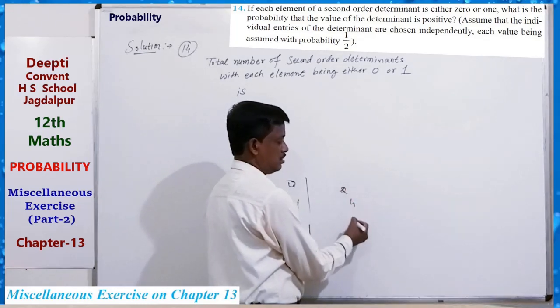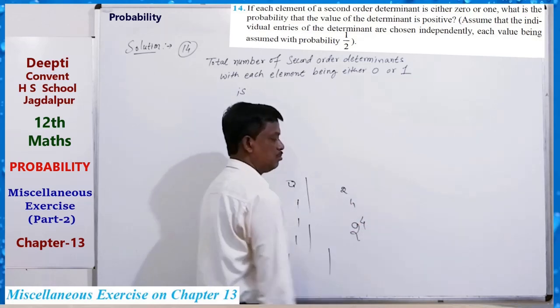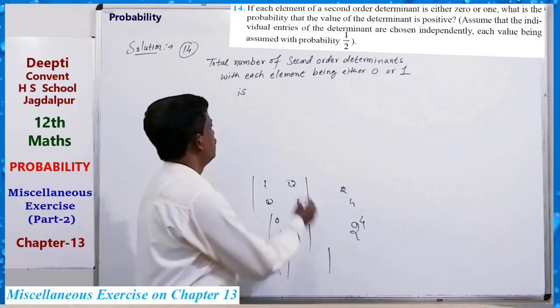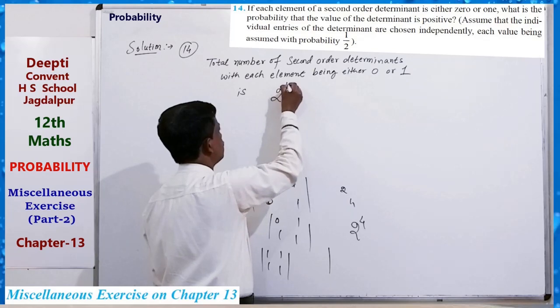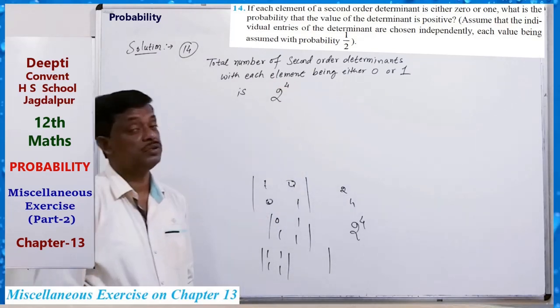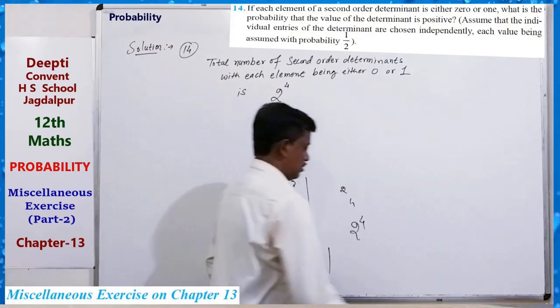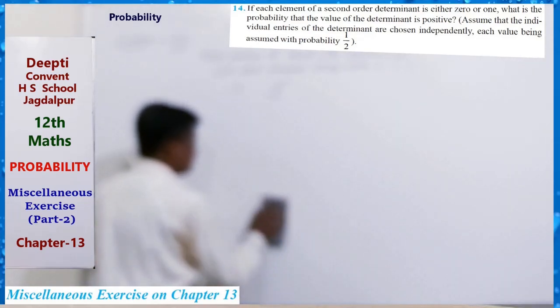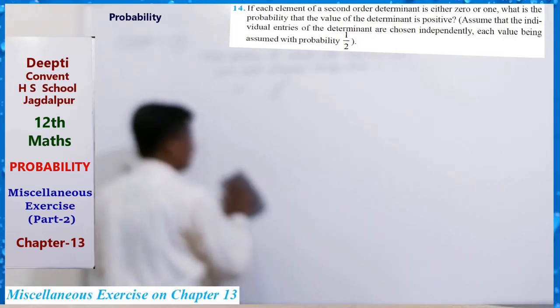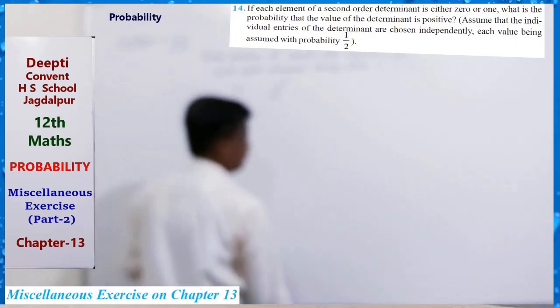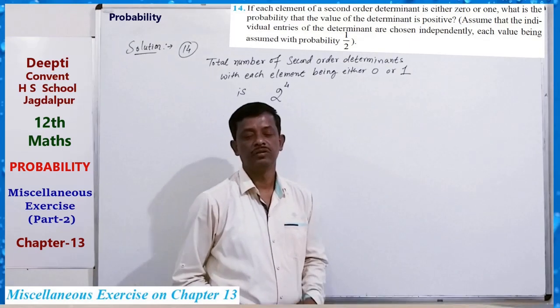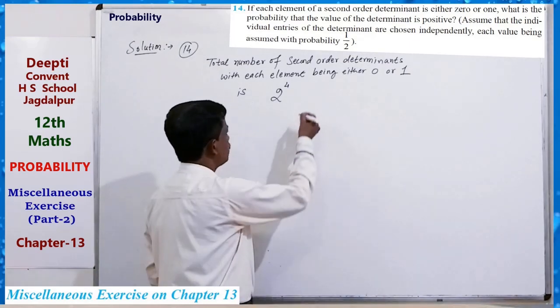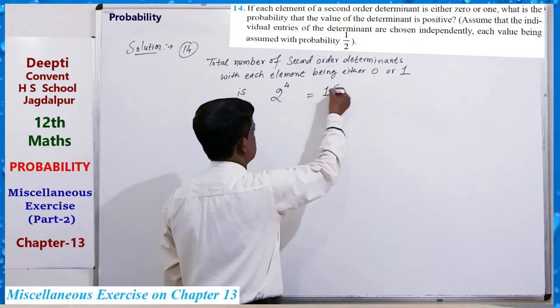We know this from the chapter of permutation and combination: 4 places can be filled with two different objects in 2 to the power 4 ways. So the total number is 2 to the power 4, which equals 16.